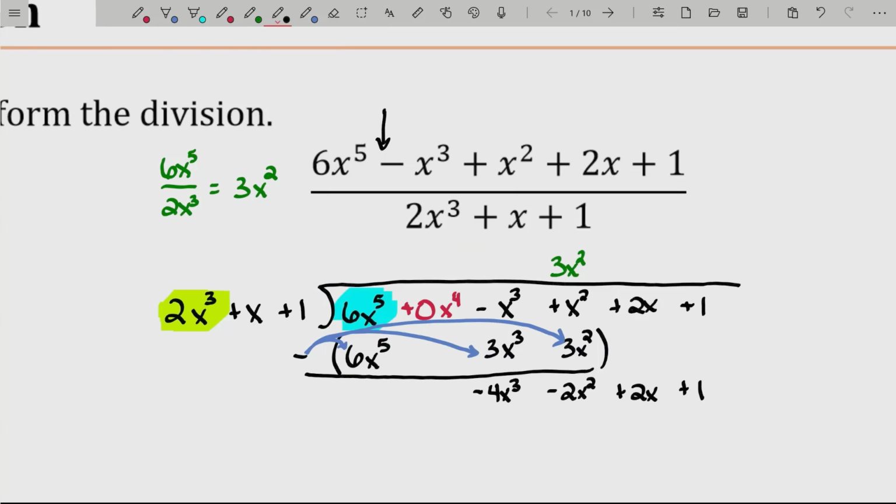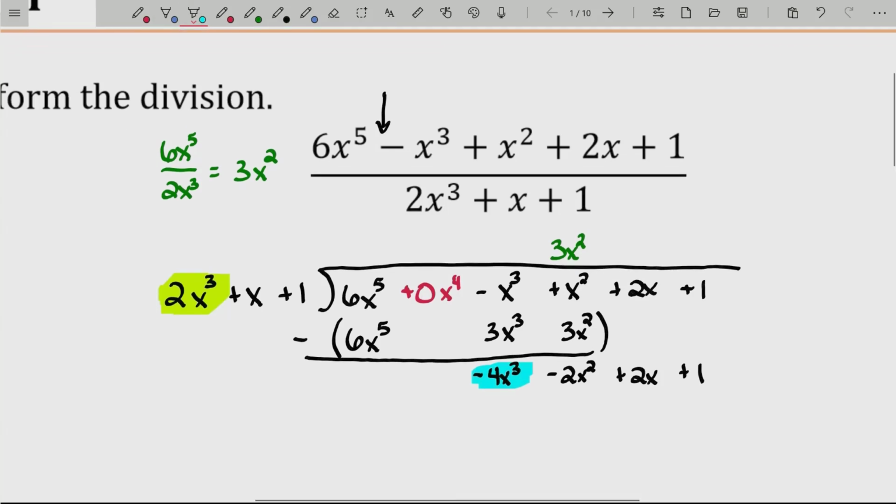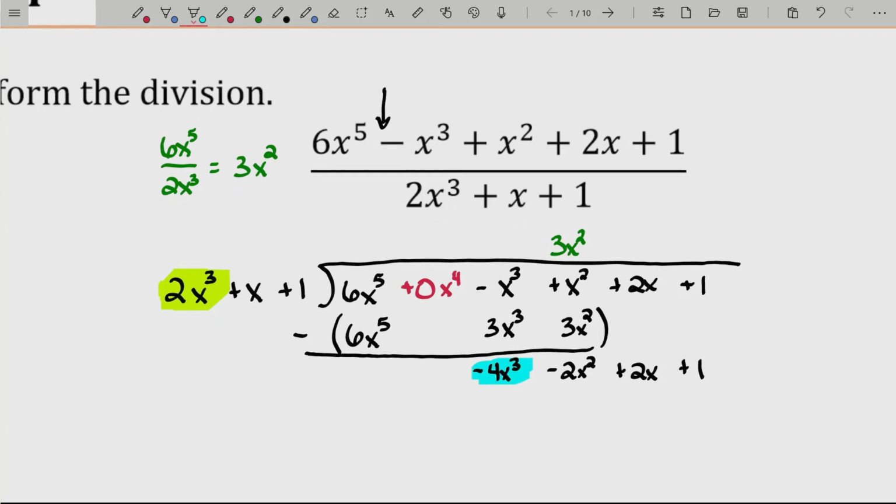And now we just repeat the process we just did. So instead of taking this 2x cubed and seeing how many times it goes into 6x to the 5th, we're going to take that 2x cubed and ask ourselves, how many times does it go into negative 4x cubed? Actually, for making this up on the fly, this is not too bad.